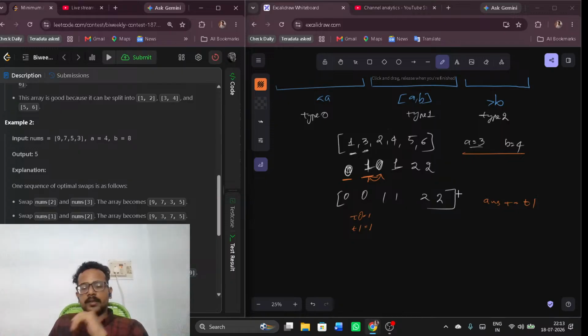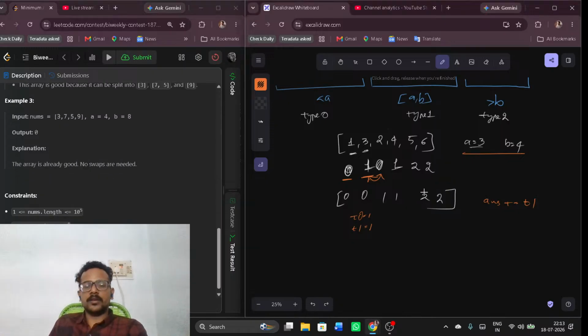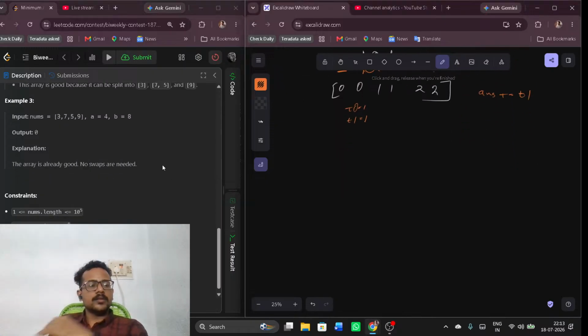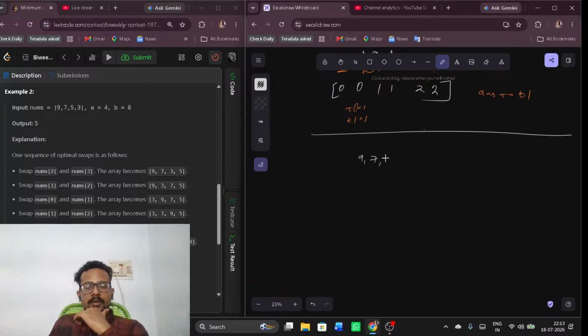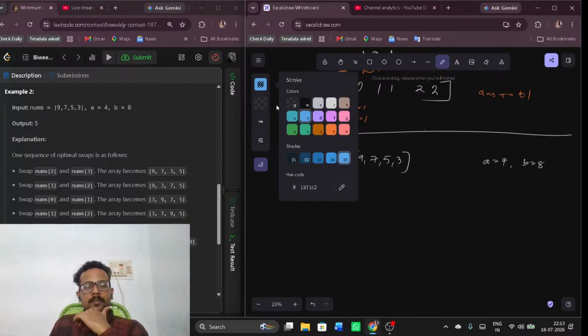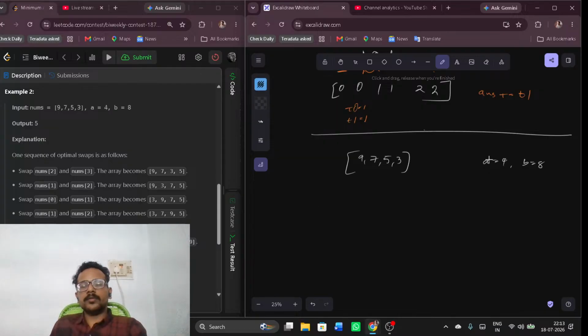Let's take another example. This is quite easier. 9, 7, 5, 3, 5, 3. A is equal to 4 and B is equal to 8. Now type 0, type 1 and type 2 you already know.